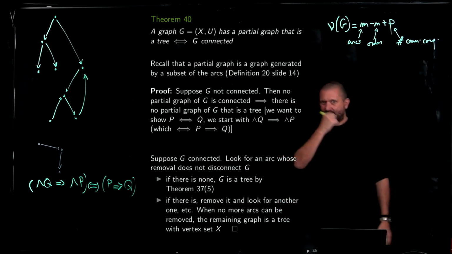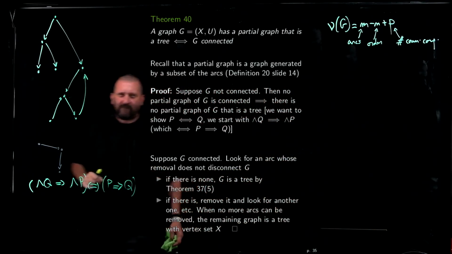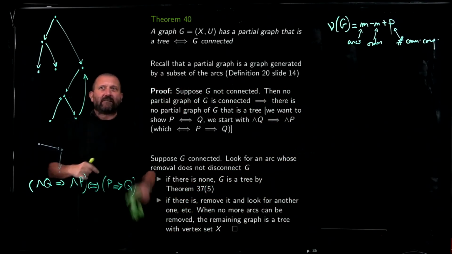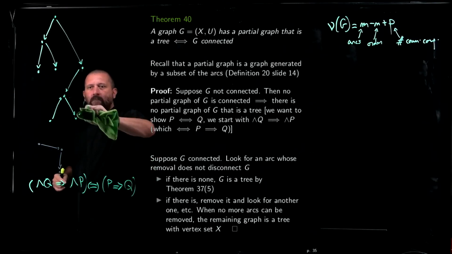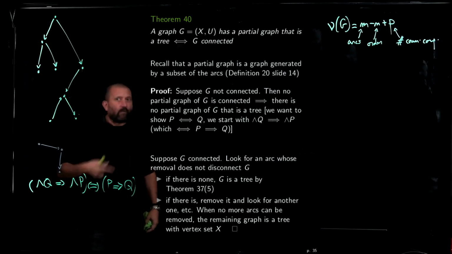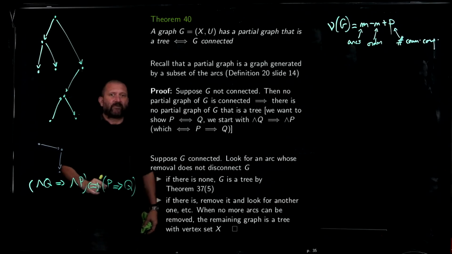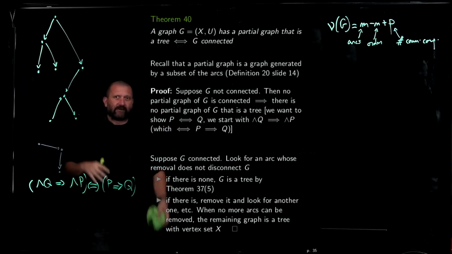But if there is one, such as the one that I've added here, then I remove it. And I look for another one that I can remove while still not disconnecting the graph.